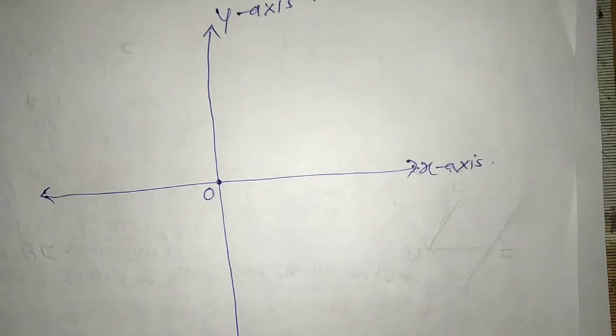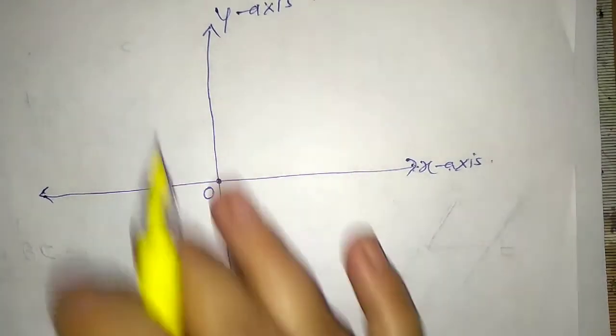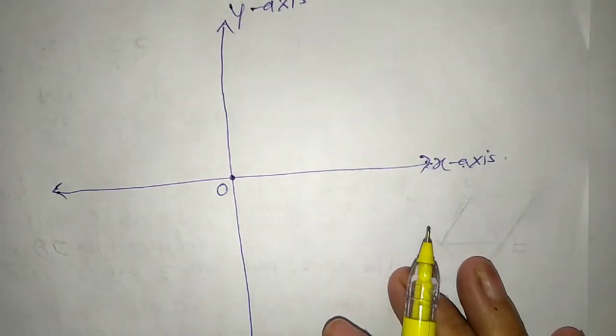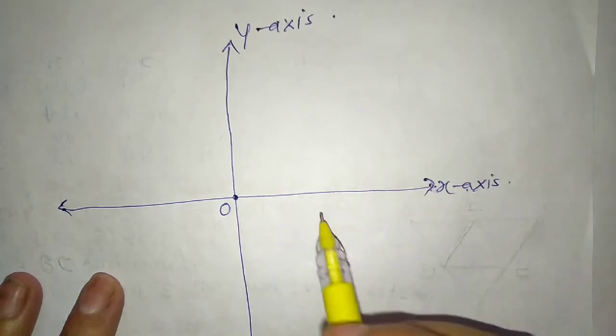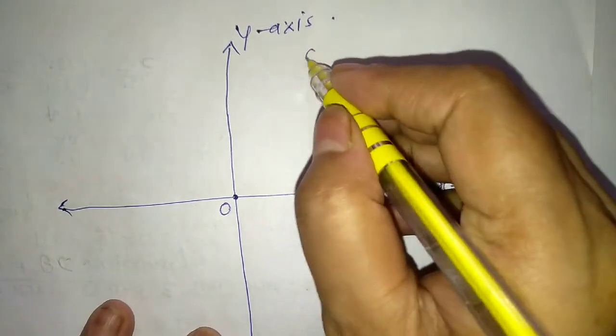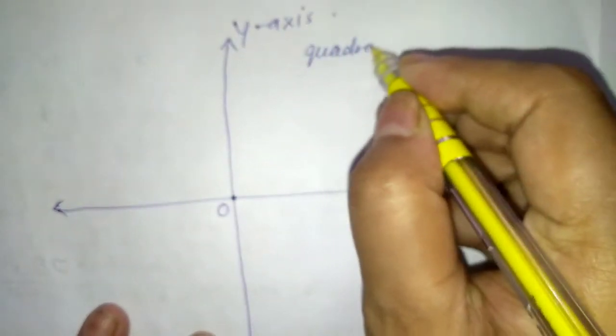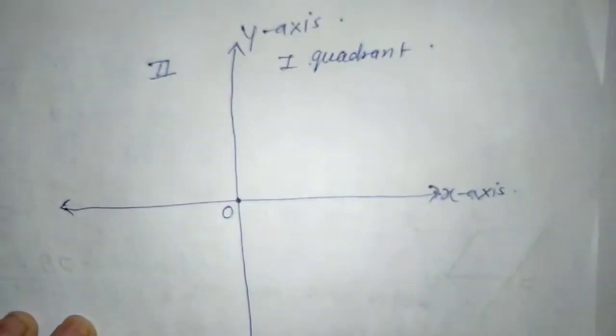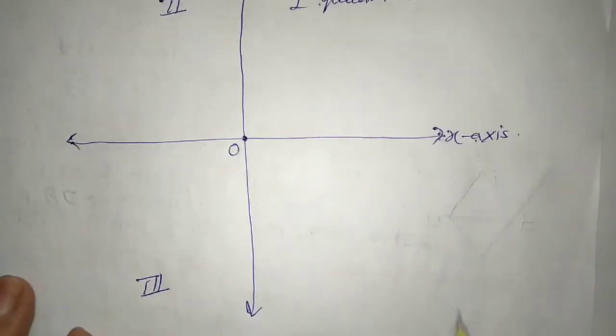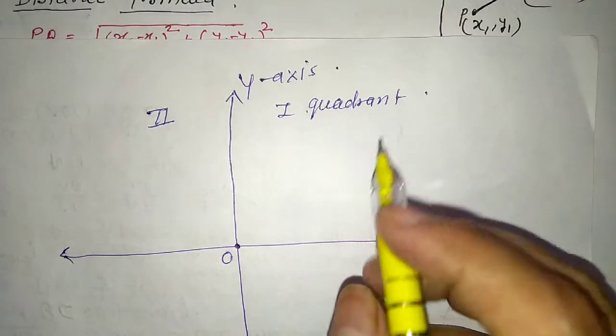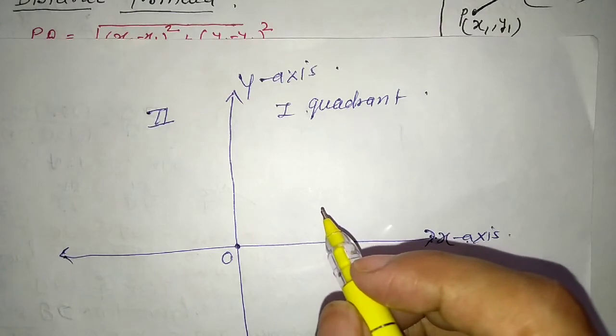Both the axes divide the plane into four quadrants, four parts. Each part is known as a quadrant. This is the first quadrant, second quadrant, this is the third quadrant, and this one is the fourth quadrant. Now we will take the coordinates.